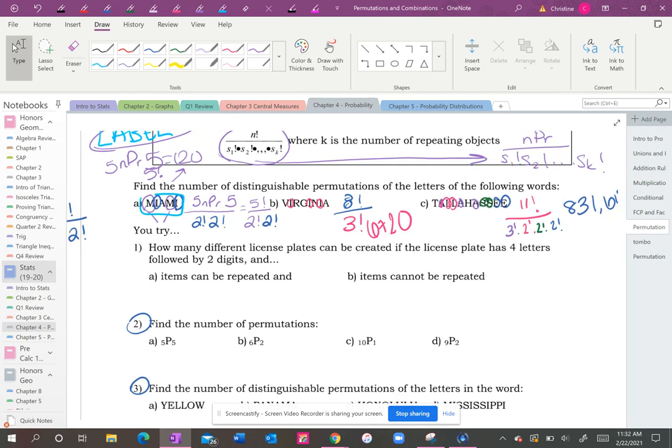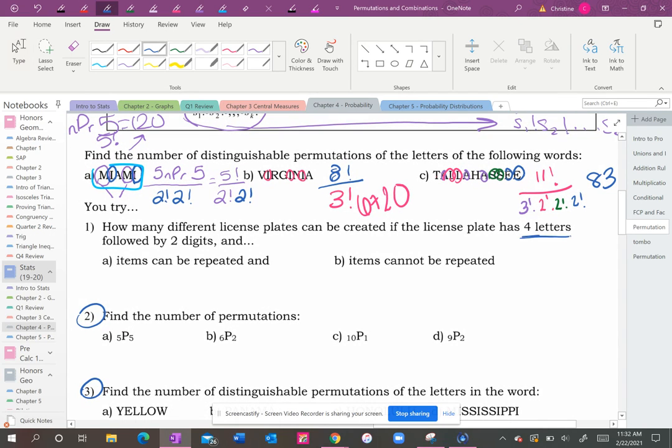So you have license plates, and it is made up of 4 letters followed by 2 digits. So if the items can be repeated, well, I guess we don't really need a permutation here. This is the same thing we did last week. You have 4 letters that can be repeated.